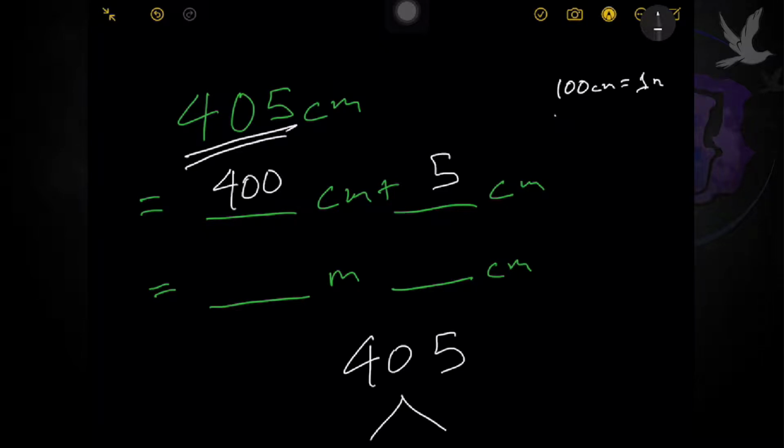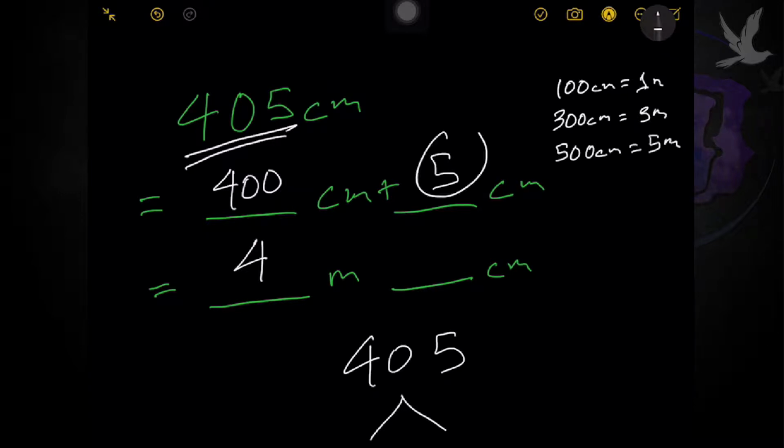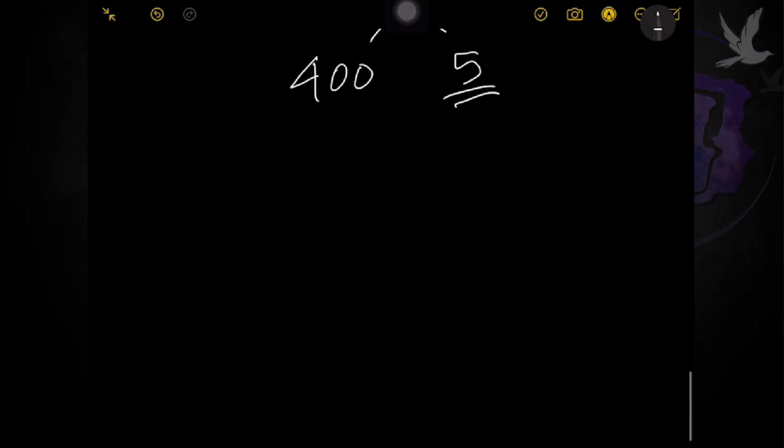Ibig sabihin, if meron tayong 300 centimeters, we have 3 meters. If we have 500 centimeters, we have 5 meters. So, in this case, we have 400 centimeters, which means that's equivalent to 4 meters. And of course, we have our 5. Rewrite nyo lang yan dyan. Okay? So, that's how easy it is. So, what if, another example lang, 673 centimeters, breaking it down.